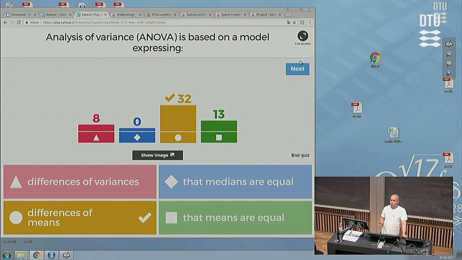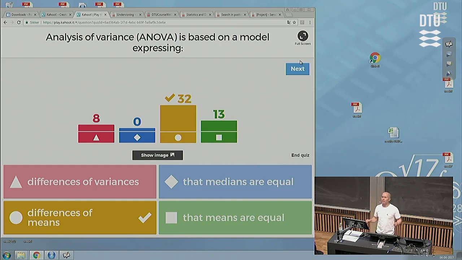Analysis of variance, the model that I just showed you. Funny enough, if you forgot, most of the interesting thing of the analysis of variance model is that the model expresses that the means are different. So still, that sounds a bit odd as a funny name for a model and a situation that focuses on investigating means.